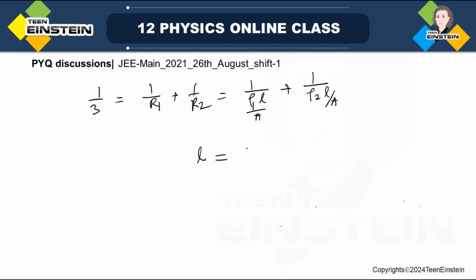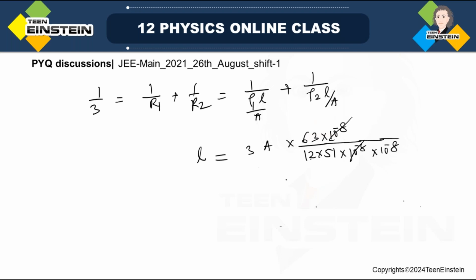See, L will be equal to 3 into A into 63 divided by 12 into 51. This is what I am doing every time. These are in micro, this is also in micro ohm centimeter. So 10 to the power minus 8 here, 10 to the power minus 8, 10 to the power minus 8.